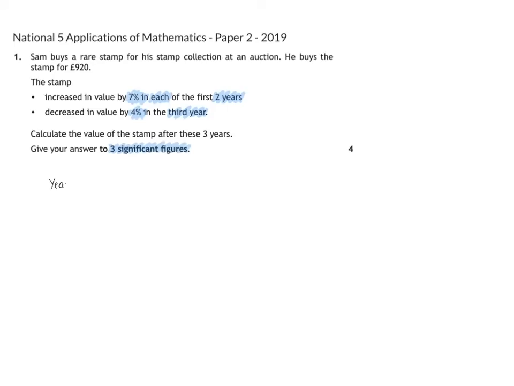Looking at this, if it's increasing by 7% for the first 2 years, it's probably just as easy to do it step by step rather than all in one go. There are compound interest calculations which you can find, but in this case, end of year 1, it is going to be 107% of our £920.